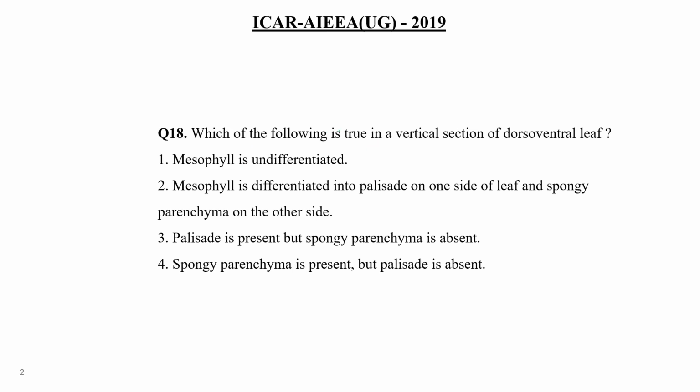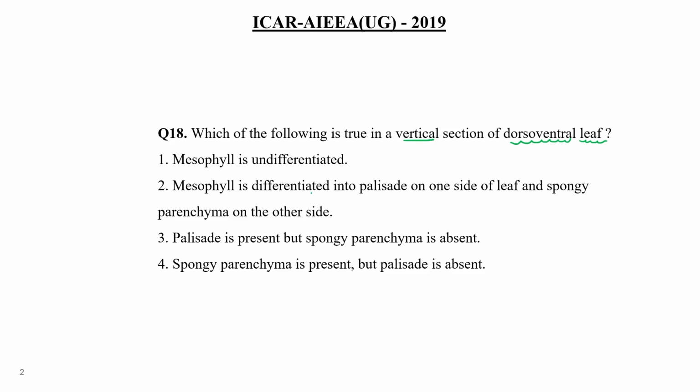Next, which of the following is true in vertical section of dorsiventral leaf? Dorsiventral leaf means dicot leaf whose dorsal side and ventral side are different. Right? So let's read out all 4 choices. Mesophyll is undifferentiated.